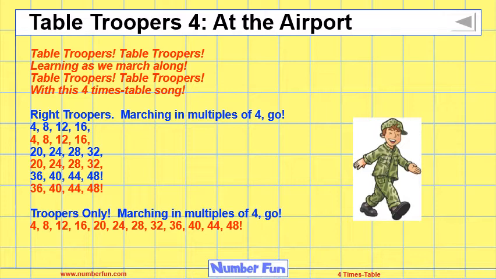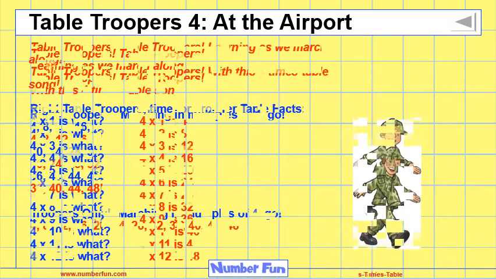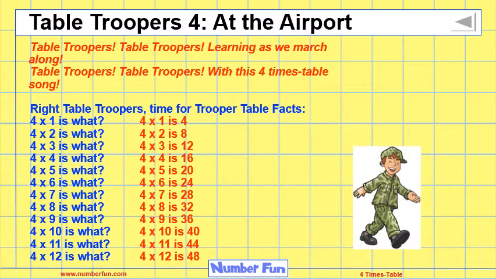Go! 4, 8, 12, 16, 20, 24, 28, 32, 36, 40, 44, 48. Table troopers, learning as we march along. Table troopers, with this 4 times table song.